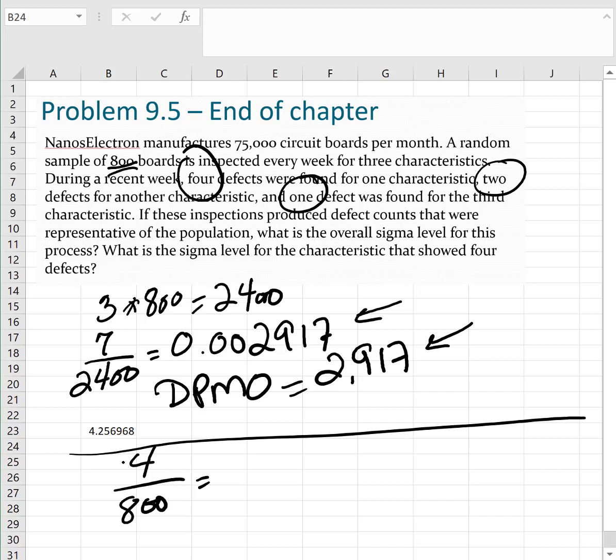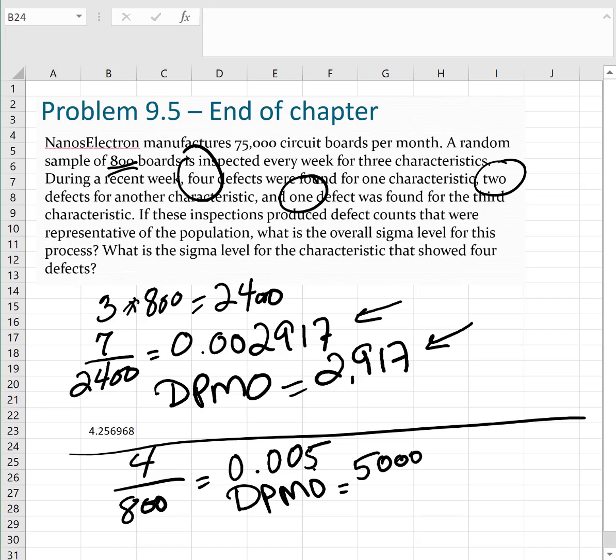So the defect rate would be 0.005, and times a million, the DPMO would be 5,000.